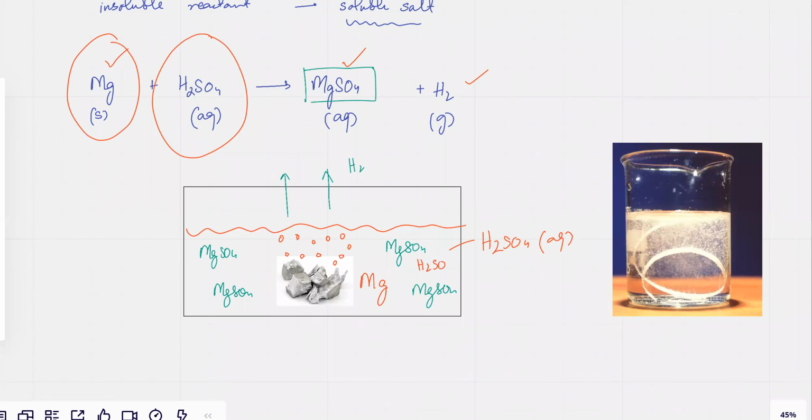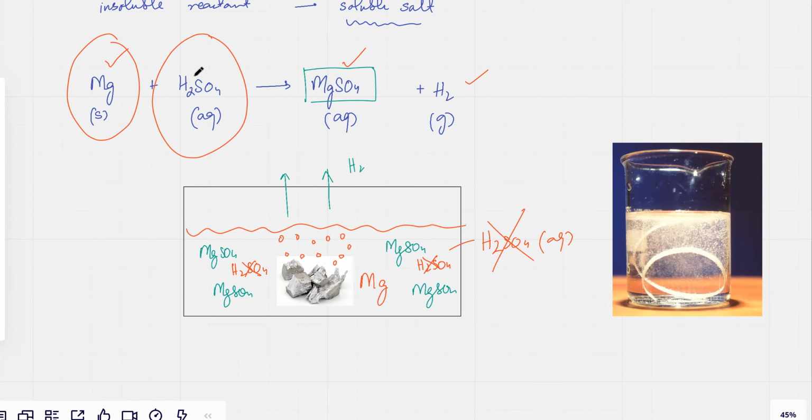It's got H2SO4, because that's the thing that you added, and now MgSO4 is getting formed, right? Now my MgSO4 salt is contaminated with H2SO4. What I have to ensure is that all of the H2SO4 gets used up, so that at the end of the day there is absolutely no H2SO4 molecule left in the solution.